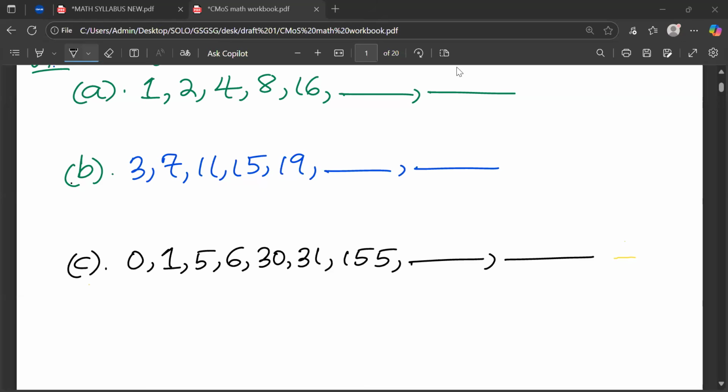Yes, this is supposed to be interactive and not just tutor-centered. People, part C. Anyone, part C?